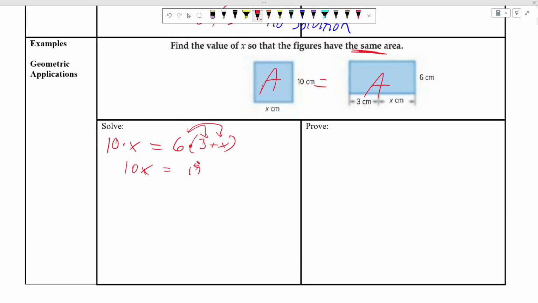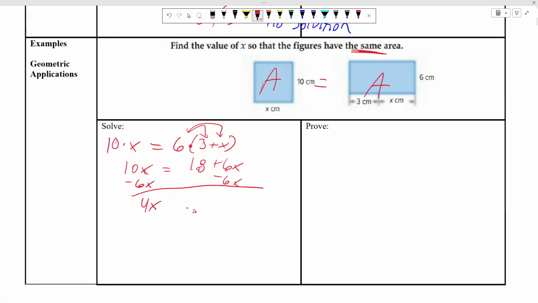18 plus 6x. Okay, I'm going to inverse this, I'm going to inverse this. Whoa, hold on now. There we go.